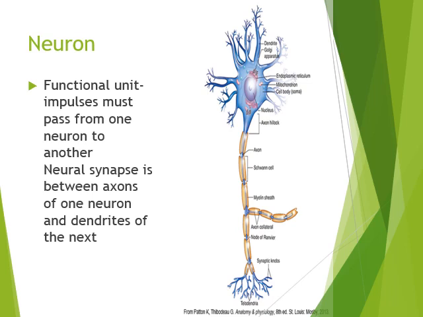If there's damage to that sheath, you're going to have symptoms. You're going to have an illness. And if there's any injury in the neuron itself or the dendrites, you're going to have illness. So let's be sure that we know that the neuron is the functional unit that carries an impulse from one neuron to another, and that space in between is the neural synapse.